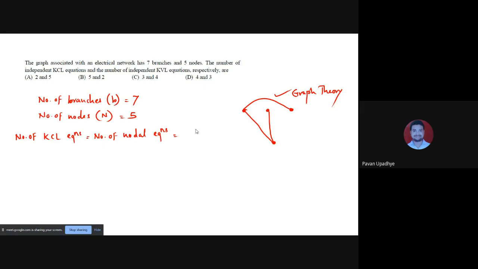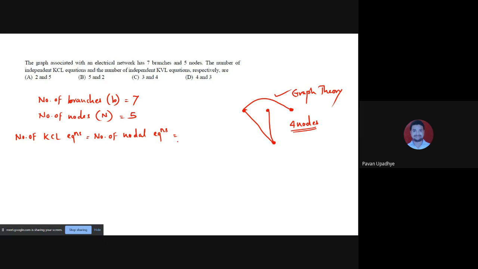So as many number of nodes. For example, if here are 4 nodes, so number of nodes and number of KCL equations have equal relationship with them.